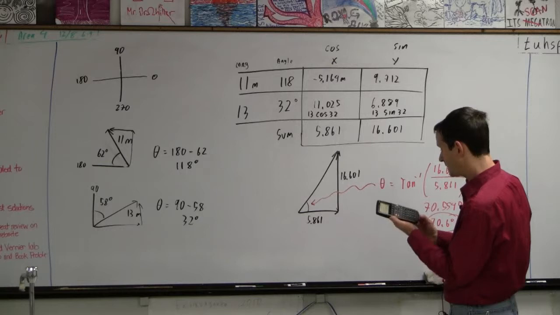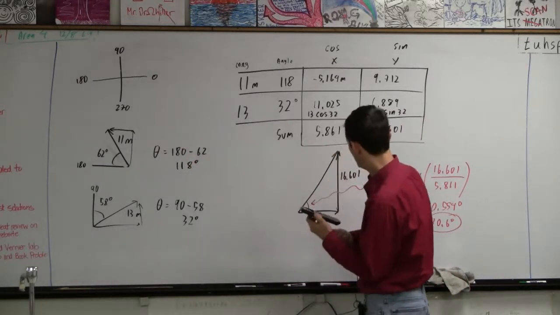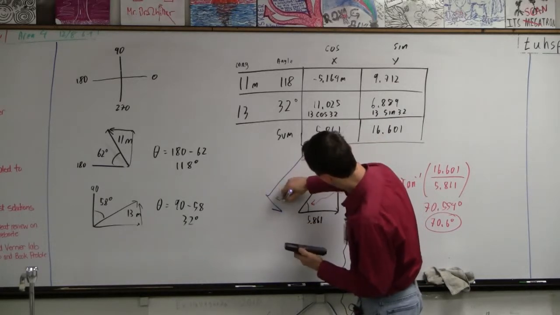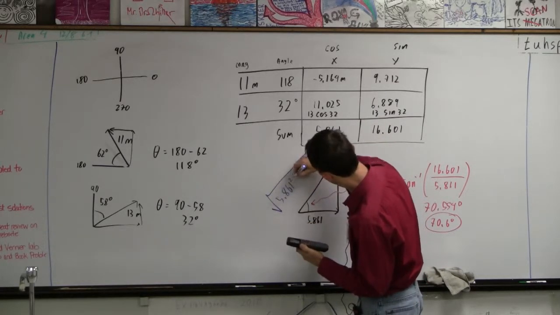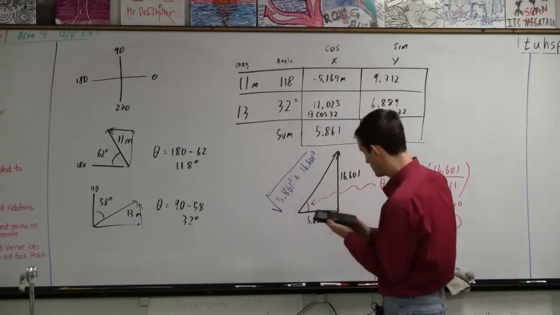All right. And then the magnitude here, this magnitude is going to be the hypotenuse, so it's going to be the square root of 5.861 squared plus 16.601 squared.